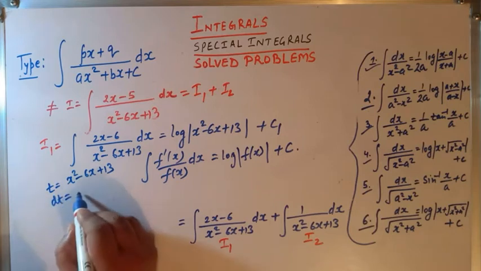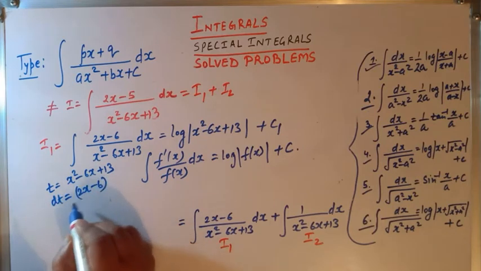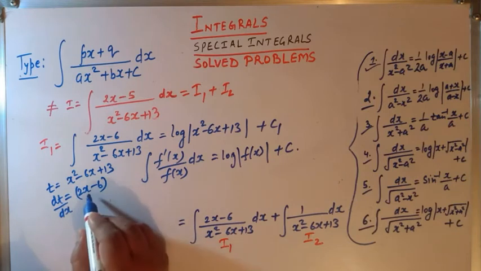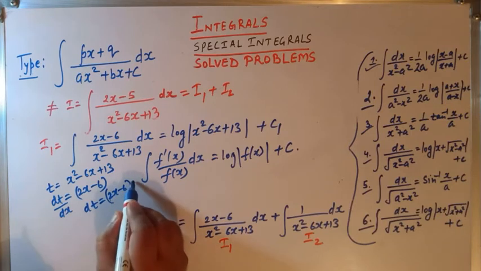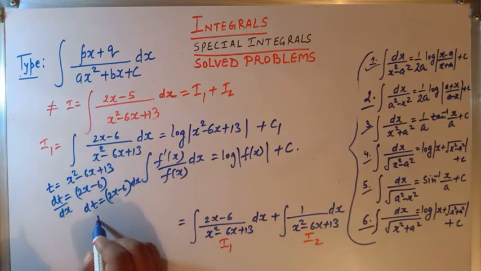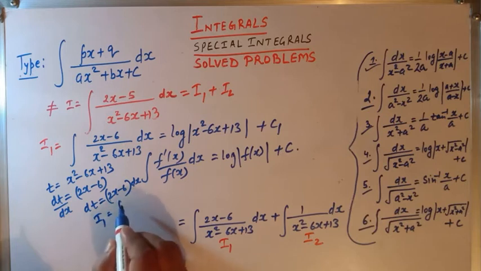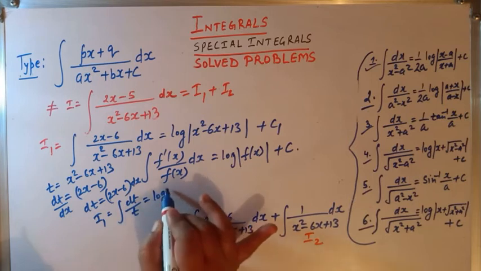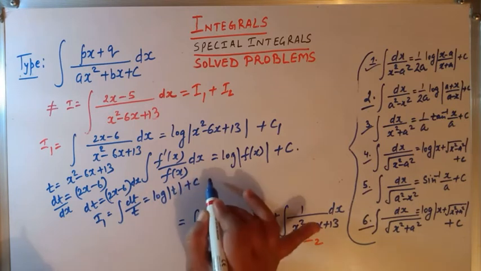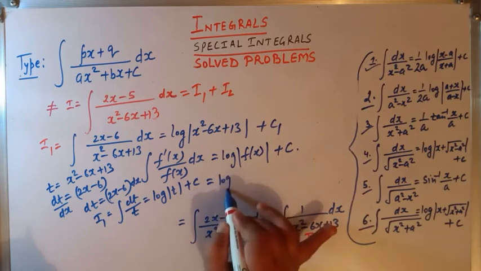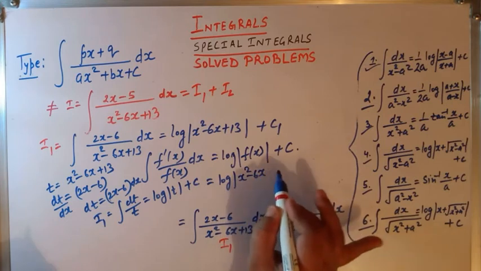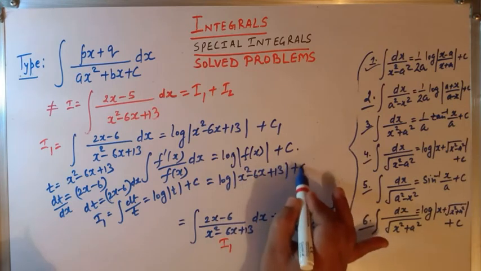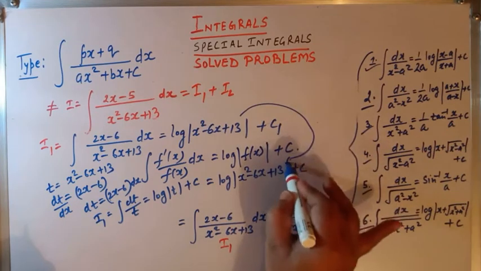Then dt by dx is equal to 2x minus 6, so dt is equal to (2x minus 6) dx, and then I1 is equal to the integral of dt divided by t, which is log of t plus c, and if we substitute the value of t as x square minus 6x plus 13, so this and this are the same.